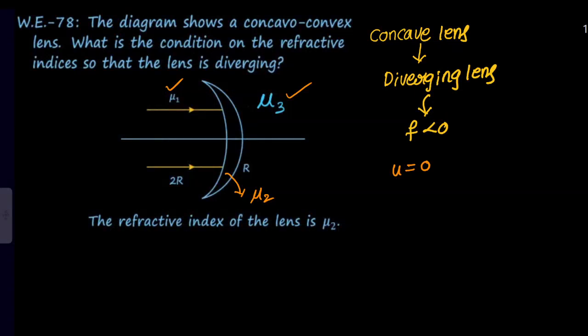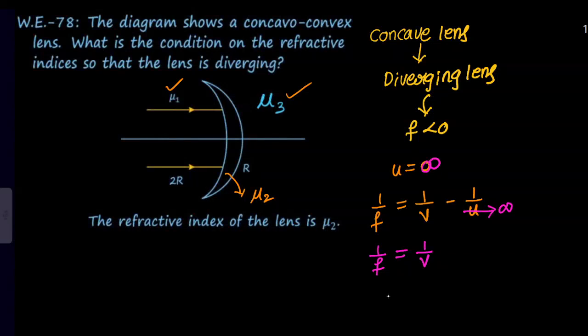Now we use the lens formula, 1 by f equals 1 by v minus 1 by u. The object is at infinite distance, so u is infinity, and 1 by infinity is 0. Then 1 by f is equal to 1 by v.